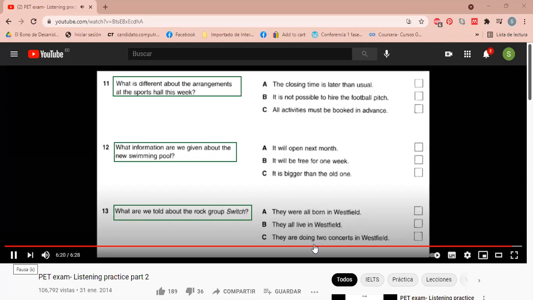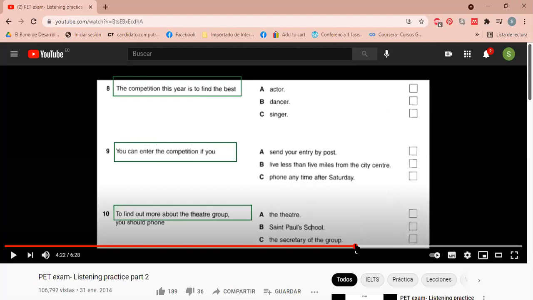Okay, guys. So we listened twice to this recording and you read and listened to the 6 options. Can you tell me what option you chose for the first one? This competition year is to find the best actor, dancer, or singer.